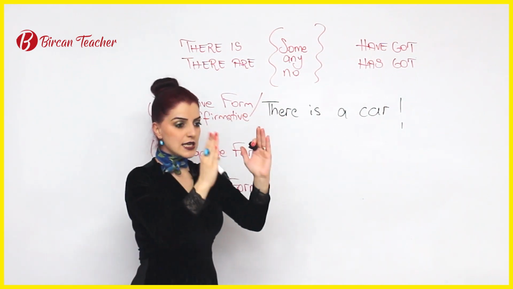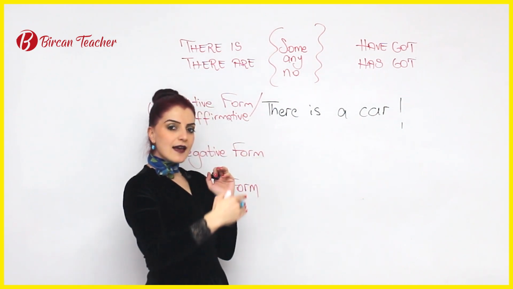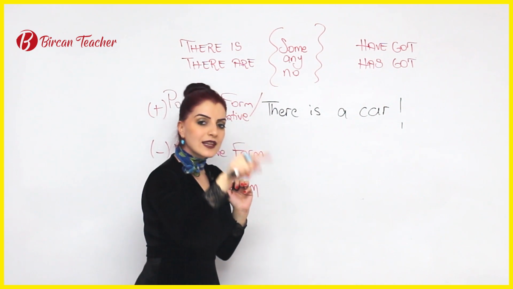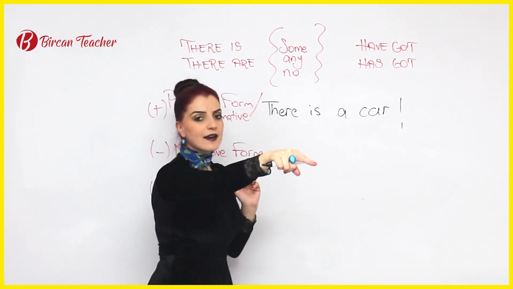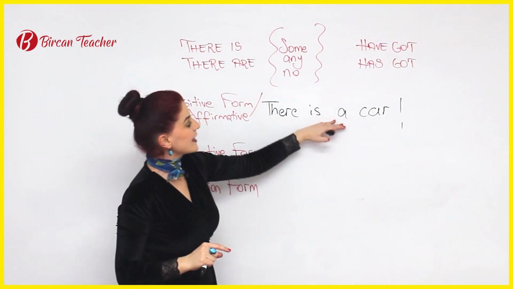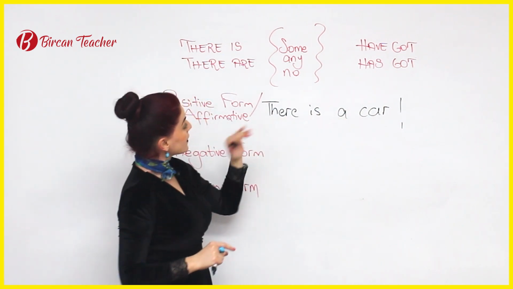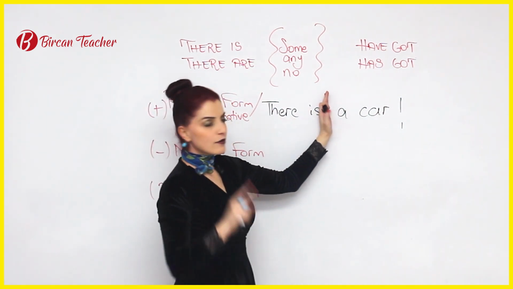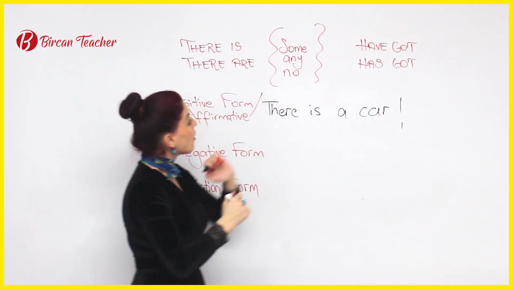Just you see the car. There is. You see it there. So this car is there. So there is a car. It is singular. There is together with one noun.